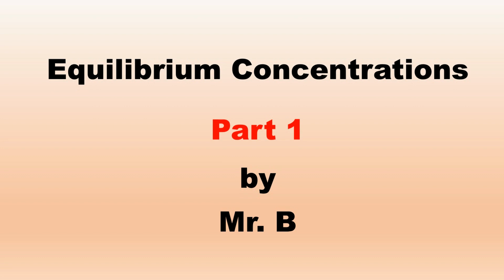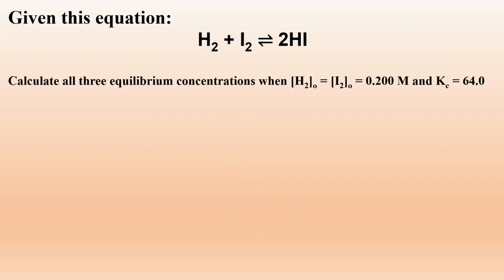Given this equation where H2 plus I2 is in equilibrium with 2HI, calculate all three equilibrium concentrations when the initial concentration of H2 is equal to the initial concentration of I2, which is equal to 0.200 molar, and a Kc value of 64.0.